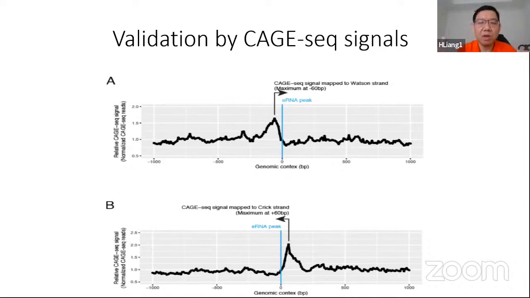Basically, we can superimpose this ERA signal, and indeed, for those overlapped with CAGE, you can see a clear ERA peak on both sides of the region. Because the CAGE signal is totally independent from our ERA identification, that validates we indeed have good signal for ERA.